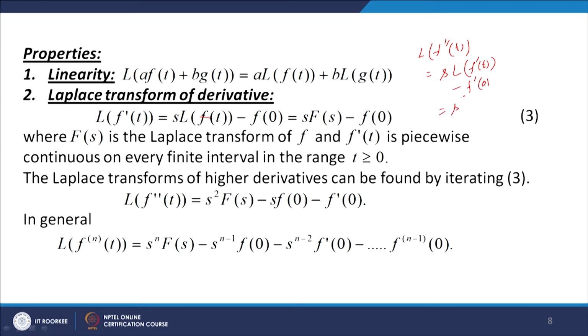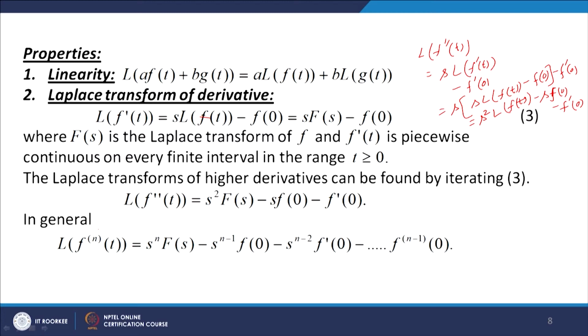Now, s times the Laplace transform of f dash t is s into (s L of f t minus f 0), minus f dash 0. So, we will have s square L of f t minus s f 0 minus f dash 0. So, we get the Laplace transform of f double dash t as s square into F s minus s f 0 minus f dash 0.